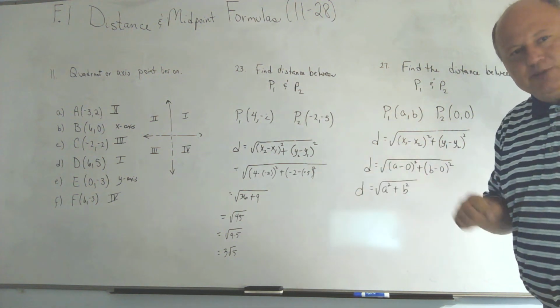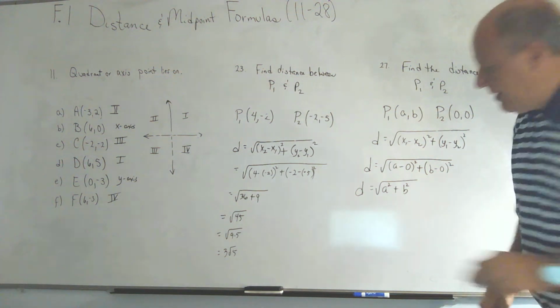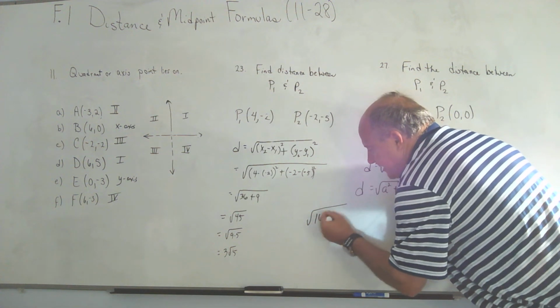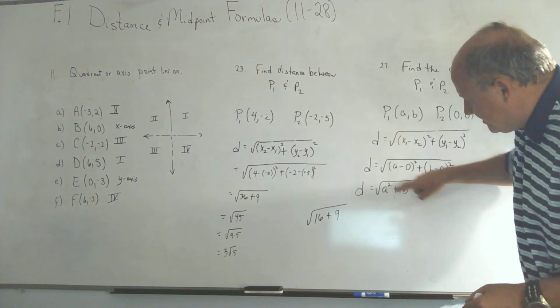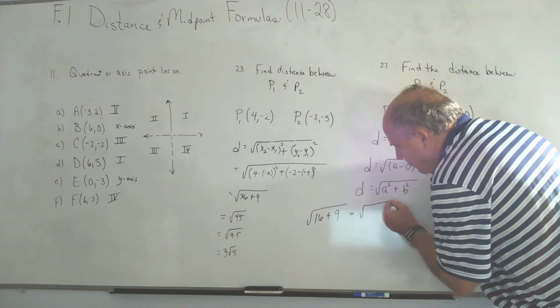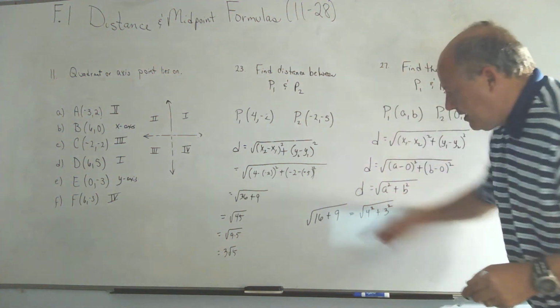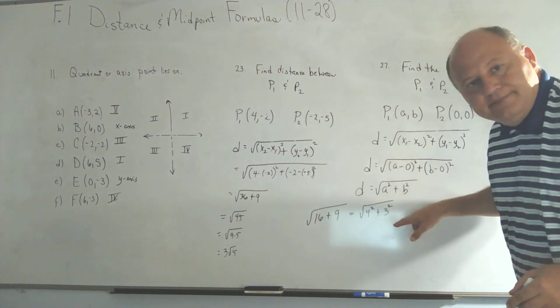The best way to break that cycle is to punch numbers in to show what I mean. This is going to be the square root of 16 plus 9. If you think this is a plus b, then you should agree with this: the square root of 4 squared plus 3 squared, because 4 squared is 16 and 3 squared is 9.